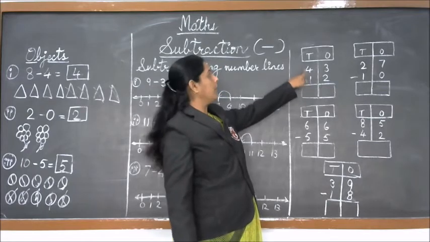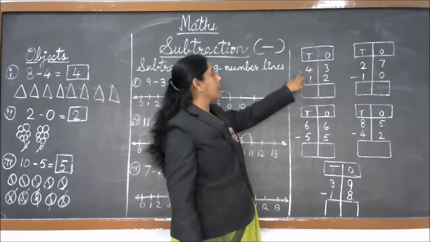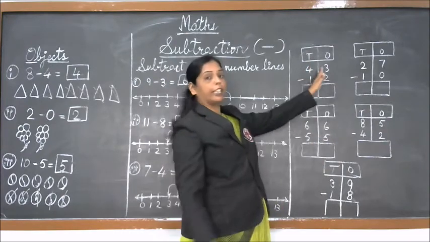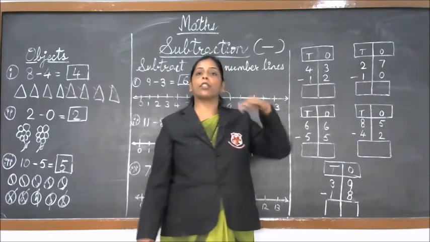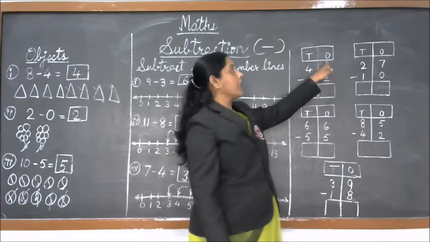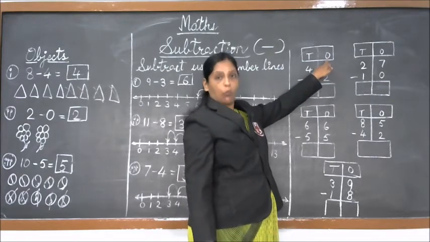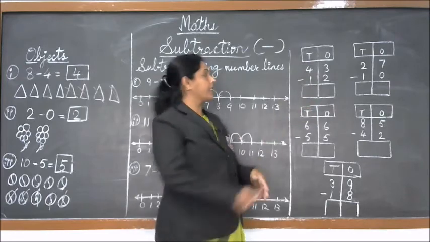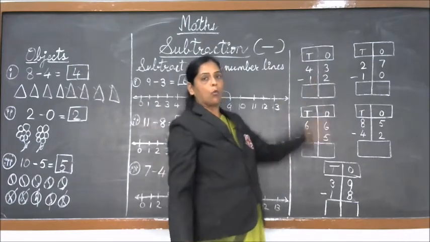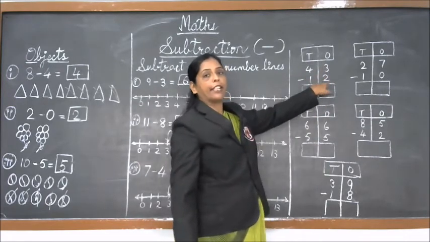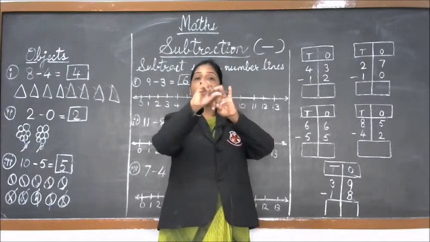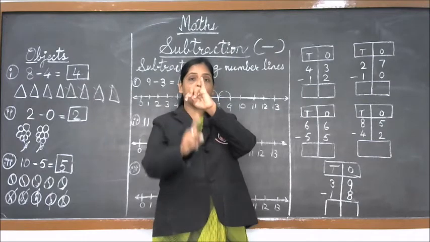Now you see here, the first sum which I have shown is 43 minus 12. I have separated it because the first number which we are going to deduct is the ones. T means tens. Ones and tens. So first we will start from the ones number. 3 minus 2. If I have 3 fingers and out of that I have to minus 2, how many are remaining?